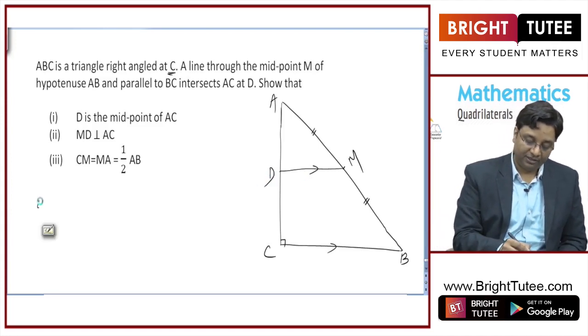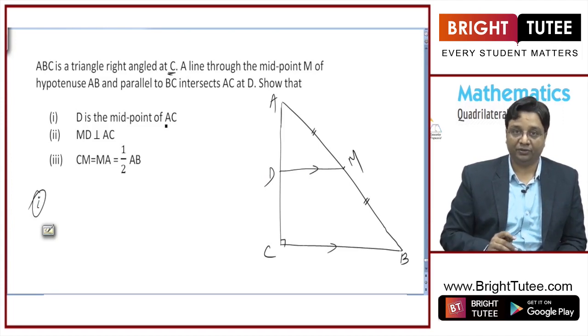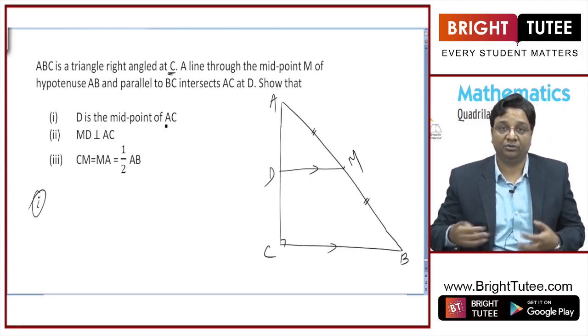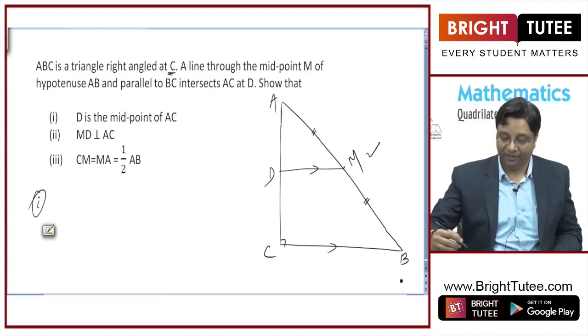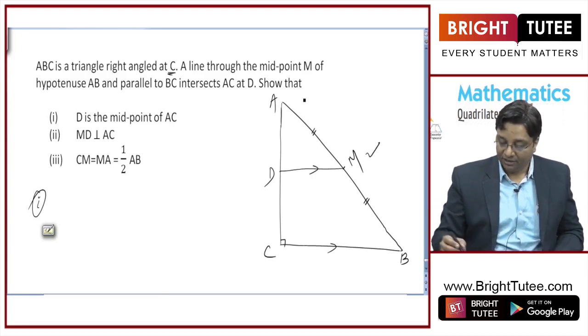Okay. So the first part says that D is the midpoint of AC. By now you should be saying to yourself, why? Because M is the midpoint of AB and MD is parallel to BC.